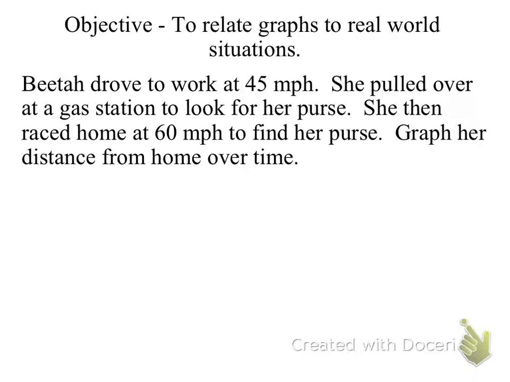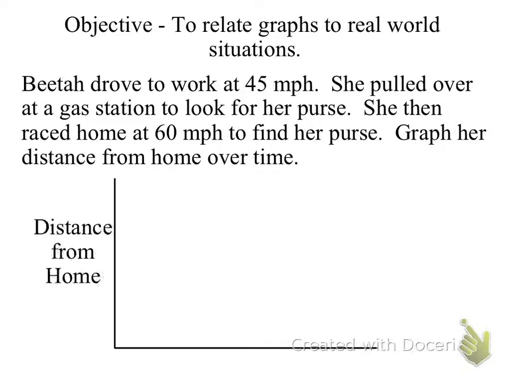Okay, so once you decide what is your independent-dependent relationship, if your depender is your distance, that goes on the y. You're going to set it up in your graph: distance goes on the y-axis, and time is on the x-axis. FYI, I will say 90% of the time, time will be on your x-axis.